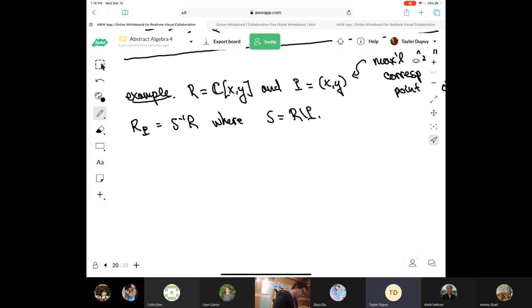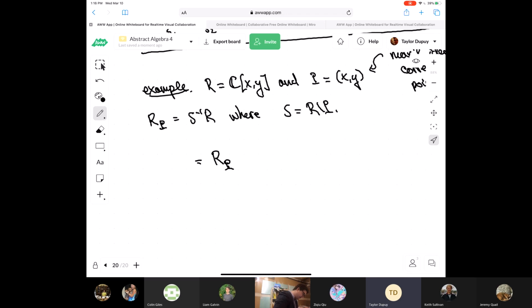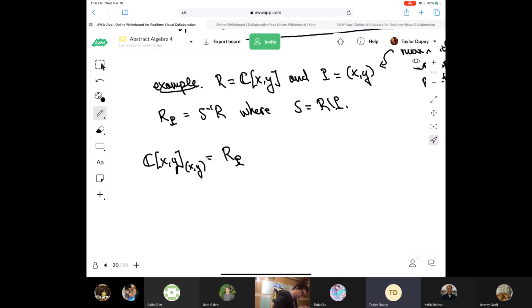So what does this thing R_P look like? Sometimes we write this as C[x,y] localized at P, where P is this and R is that.